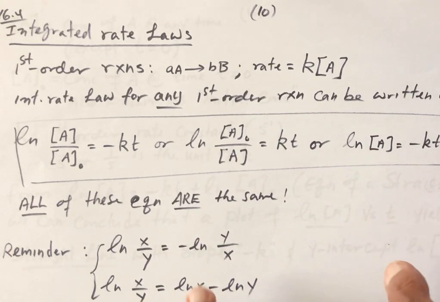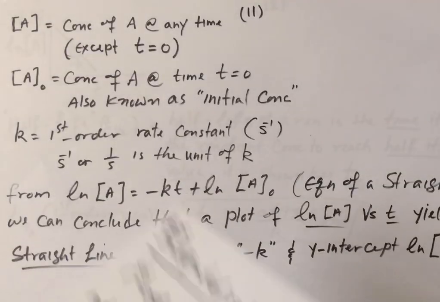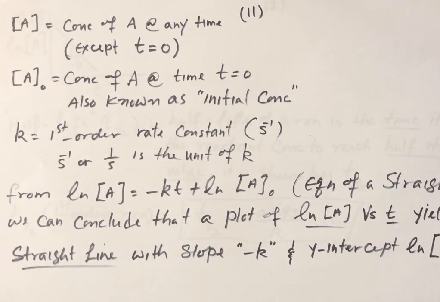Okay? Now let's take a look at the next slide. Again, we have to define some of these symbols that we are using in this notation. The A enclosed in brackets means concentration of A at any time except time t equal to 0, because t equal to 0 has its own symbol, and that is A0.